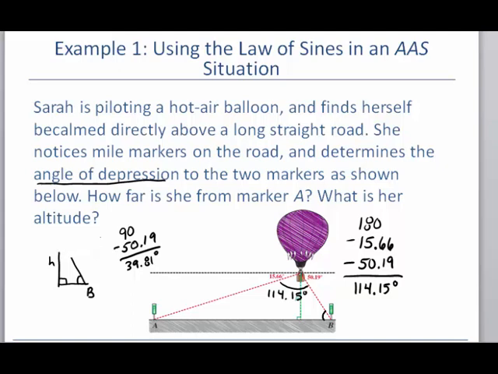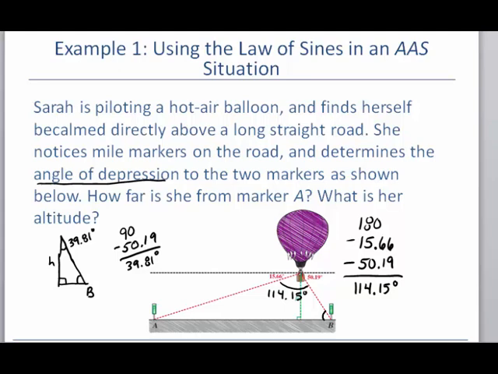Okay, so let's clean that up just a little bit and put that in there. All right, so we know that this angle is 39.81 degrees. We know we have a 90-degree angle here at the bottom, so now we have two of the three angles in the triangle, and we can go in and find the third one.